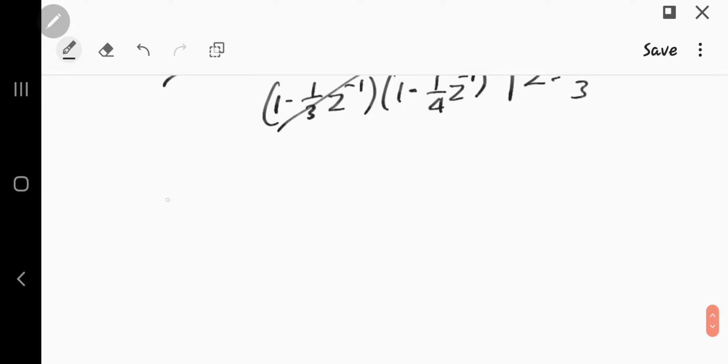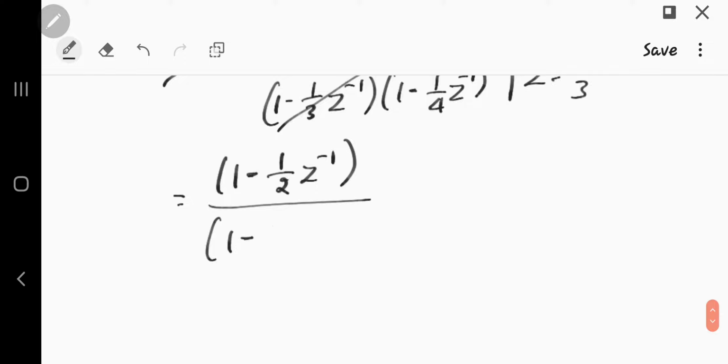These two get cancelled, so we will remain with 1 minus 1 by 2 z inverse divided by 1 minus 1 by 4 z inverse, where z takes the value 1 by 3.